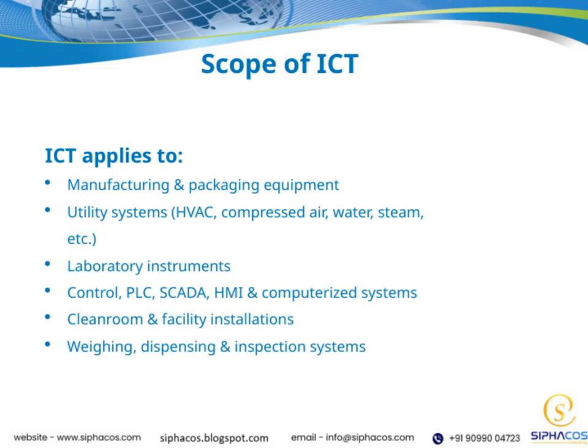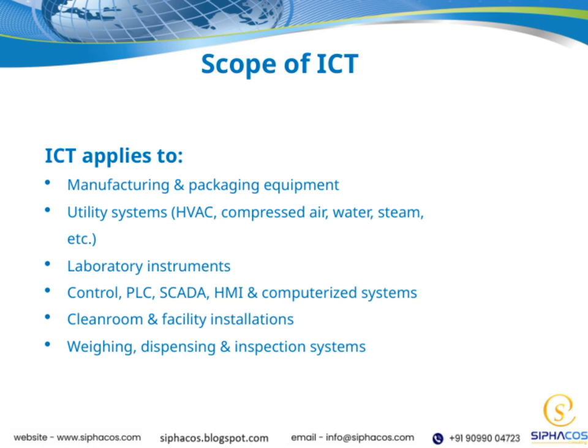Now, let's take a closer look at where ICT applies within our industry. First, it plays a crucial role in manufacturing and packaging equipment, ensuring these processes are efficient and reliable. It also extends to utility systems such as HVAC, compressed air, water, and steam, which are essential for maintaining proper facility conditions. Laboratory instruments also heavily rely on ICT for precise measurements and data management.